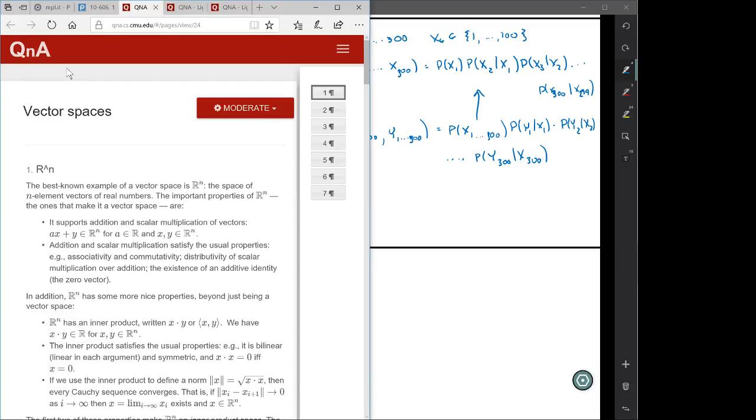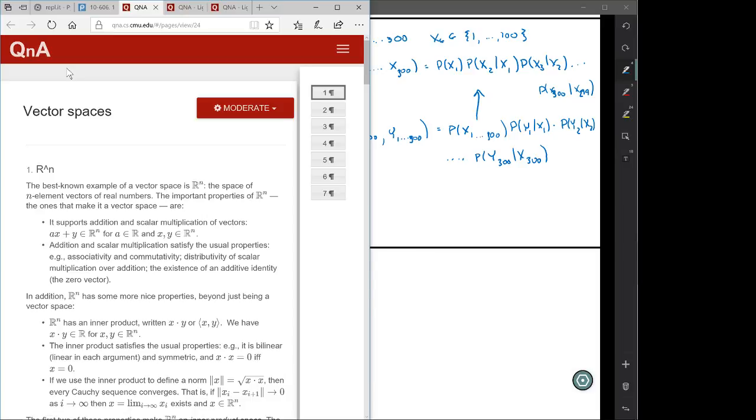And so what's important about Rn? What makes it convenient to work with? You can think of it as a data type. Rn vectors, real-valued vectors, are a data type, and they support certain operations like addition and scalar multiplication.